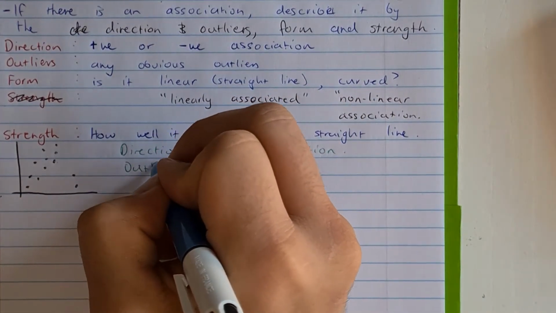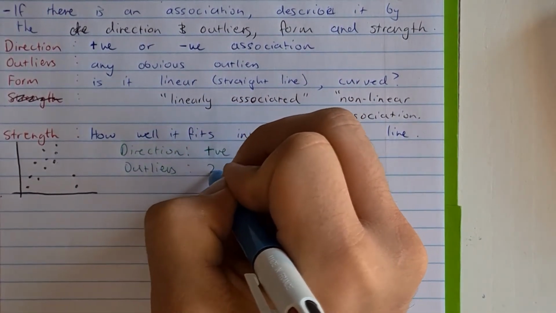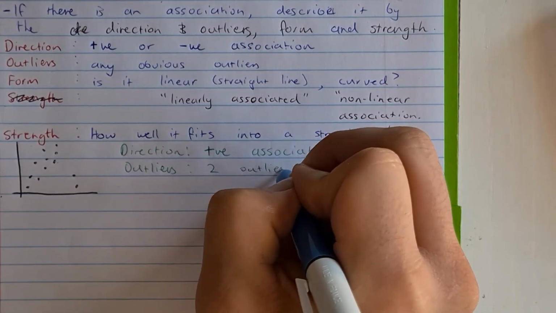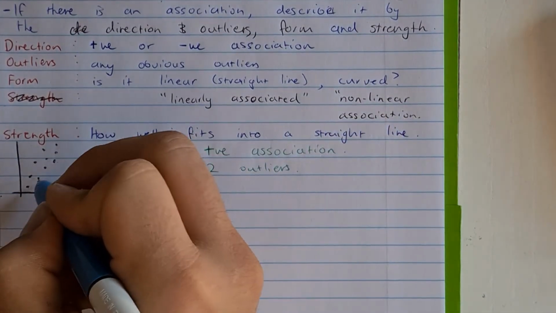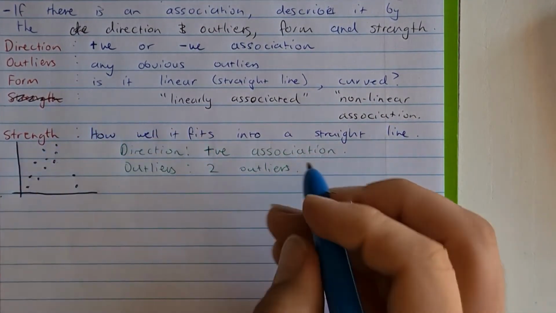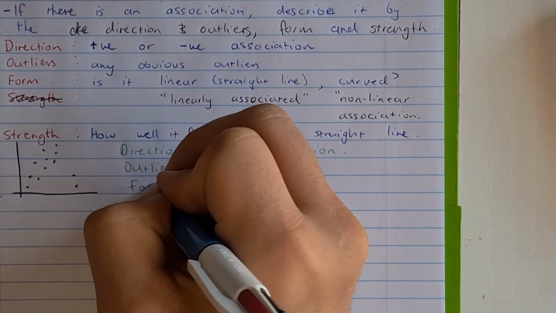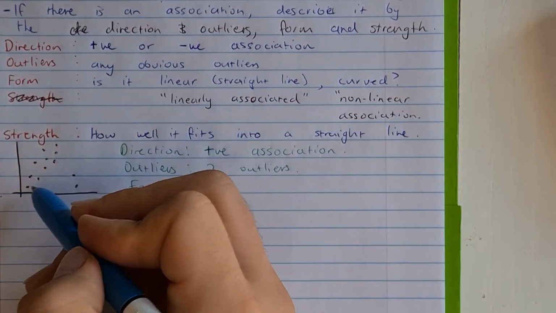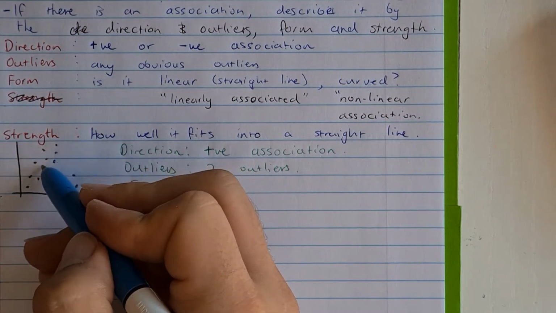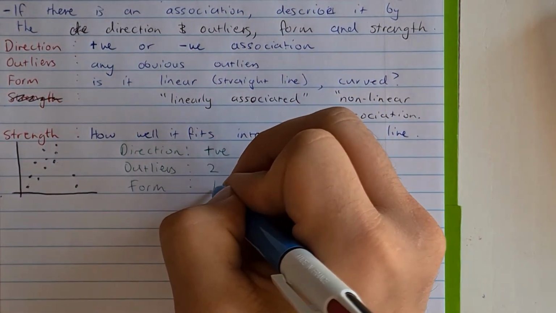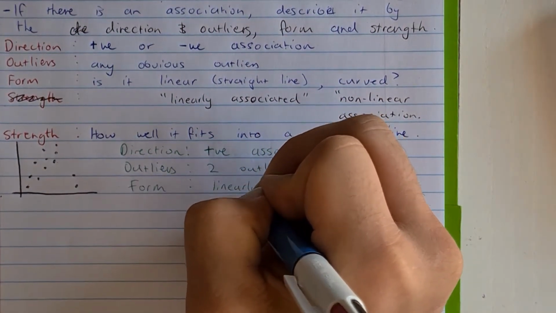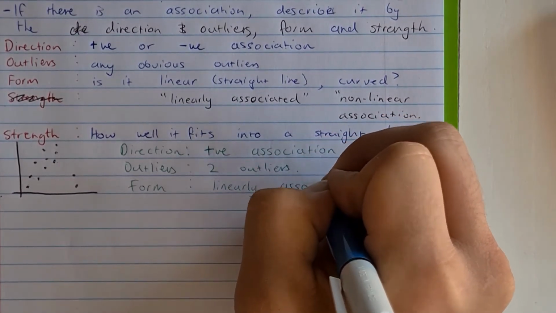As for the outliers, we have two outliers, these 2 points here, because they don't fit into the general shape of the scatter plot. Form. To me, that looks like it's a fairly straight line, so it is linearly associated.